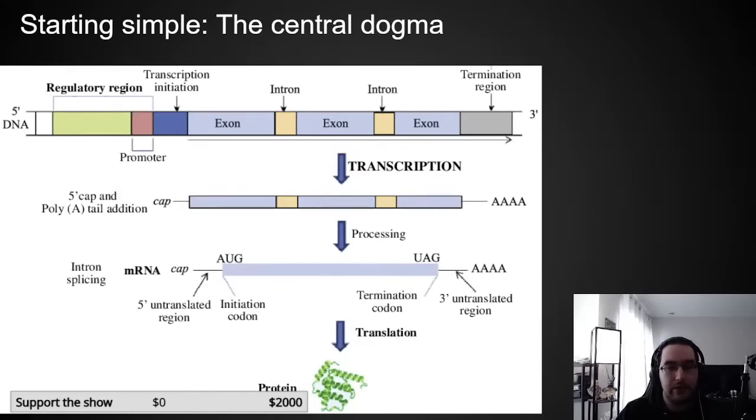But the thing that happens from DNA is a copy of that DNA needs to be made out of RNA. So DNA is double-stranded, RNA is single-stranded. They're very similar molecules, but they're slightly different. DNA is deoxyribonucleic acid, whereas RNA is ribonucleic acid.